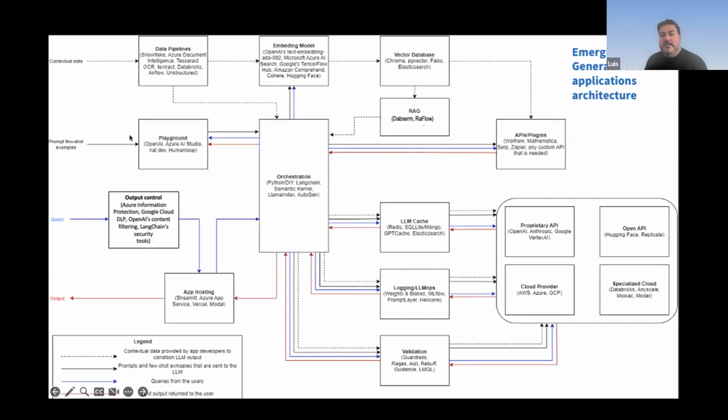Also, you would have a context window. We call this the playground, where you can give it a couple of few-shot examples. In here as well, there's caching. You can cache responses. And why would you want to do that? Because you want to lower the price of your LLM.